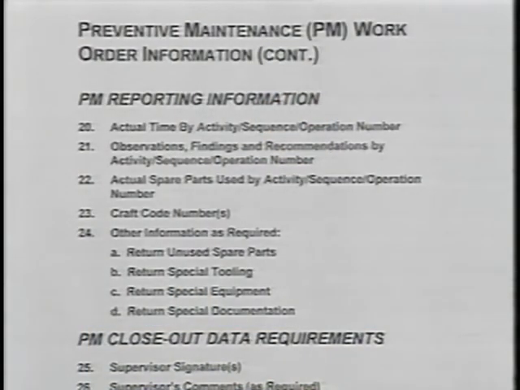Now, turning the page to 12B, we're looking at another subheading called the reporting information, and those are identified by steps 20 to 24. And step 24 addresses the returning of any unused spare parts and the special tools and the equipment and documentation to the storeroom.